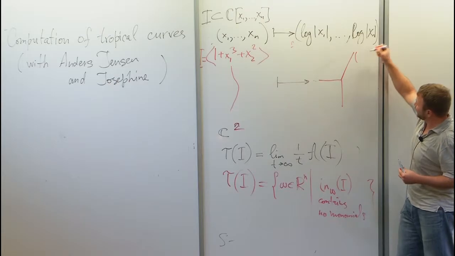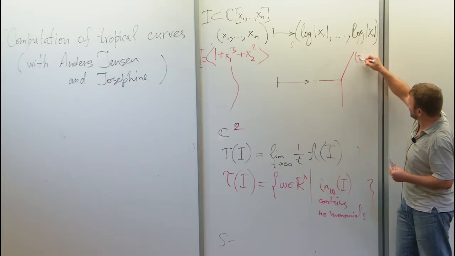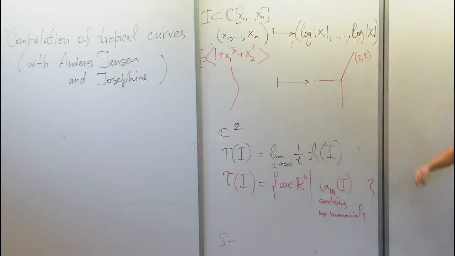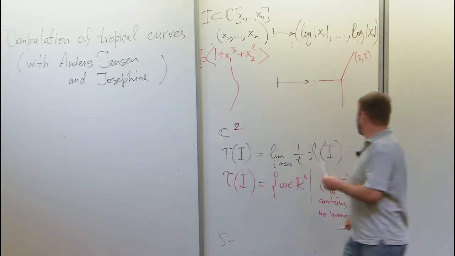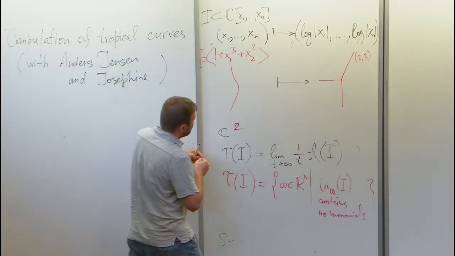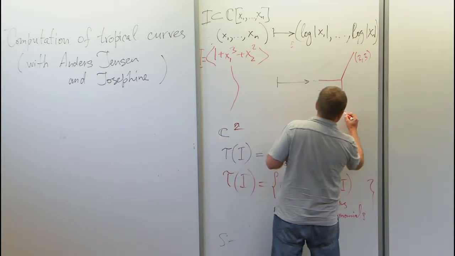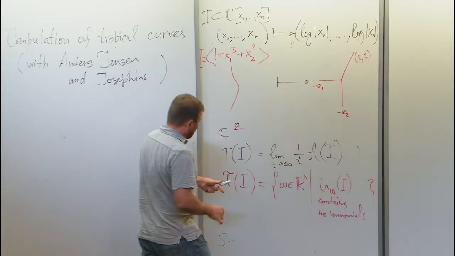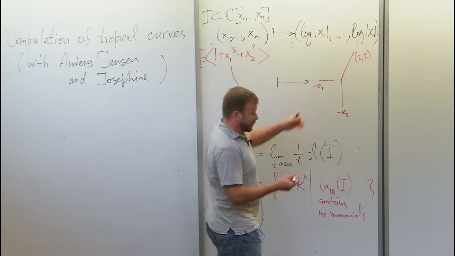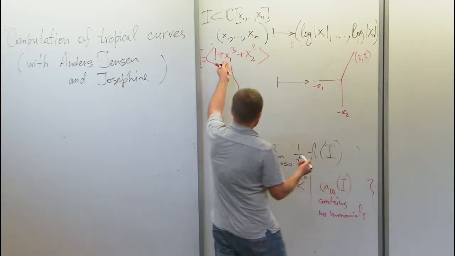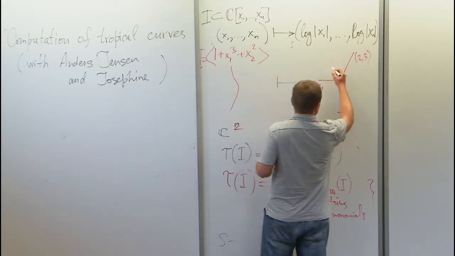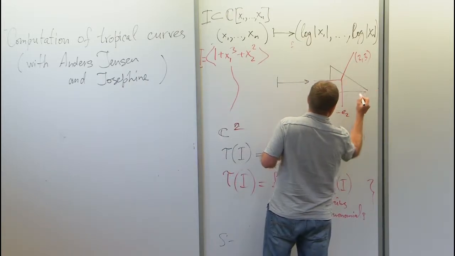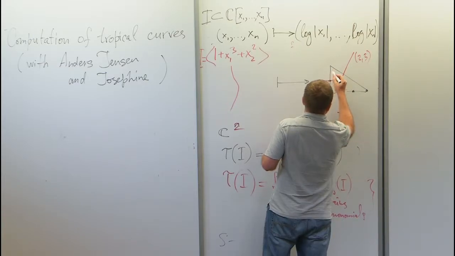So you will have the ray 2, 3 given by a primitive vector (2,3) in the integers, and here you will have minus e2, minus e1. Okay, so the way to compute this curve, well, here it's easy. You can draw a Newton polytope, and it will look like this.